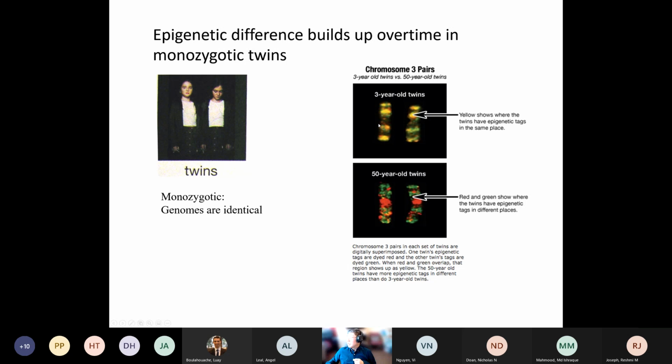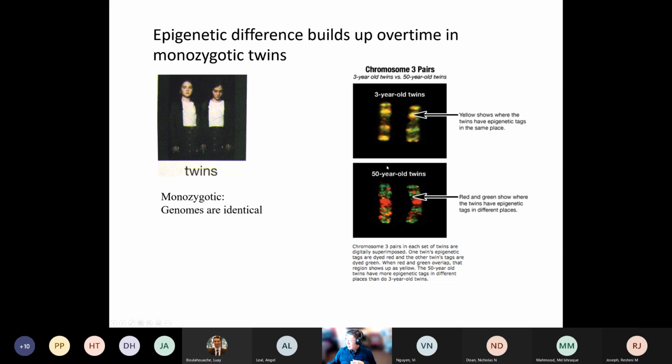Like shown here, when the red is overlapped with green, you will observe a yellow color, right? And you can see most of the regions are indicated by yellow color. That means the modification in early years is quite similar. Therefore, you see that the green color and red color overlap.